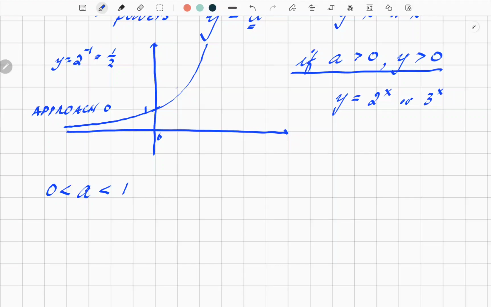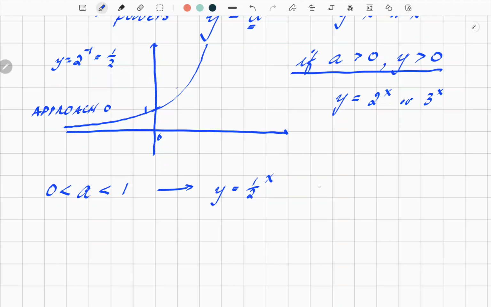So a is fractional, for example y equals half to the power x. Now what happens here?